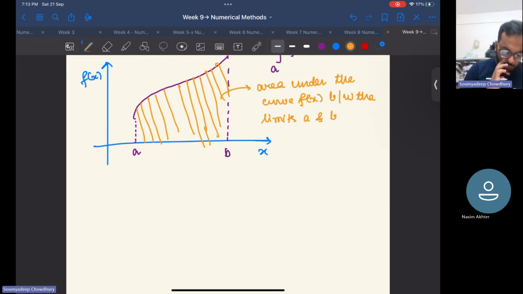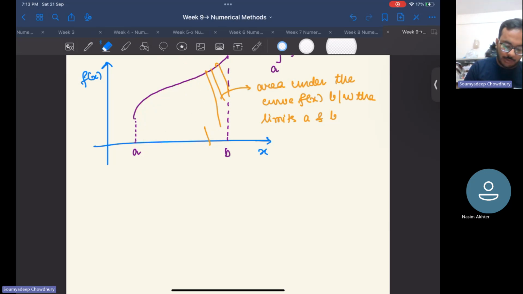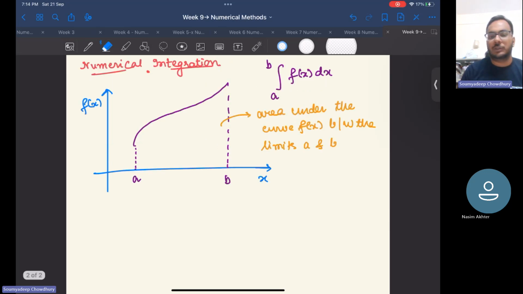Now we need to understand what we will do in numerical integration. This is the normal, analytical integration: we have a functional form of f of x, and using the analytical formulas available to us, we find the integral of that function. But what do we do in numerical techniques? The way of integrating a function numerically is different for different methods.